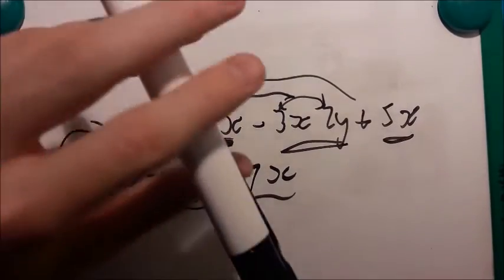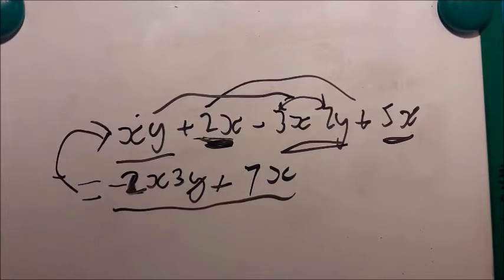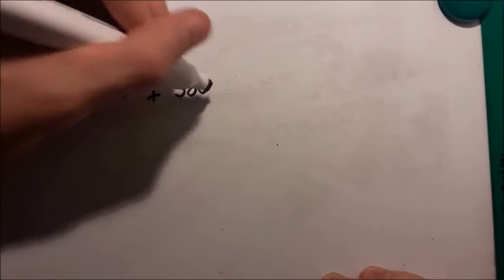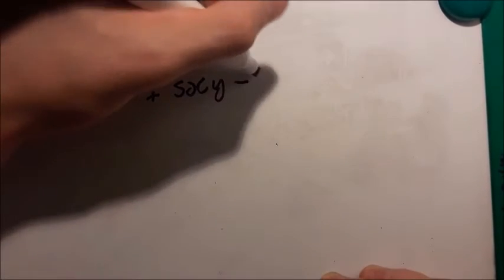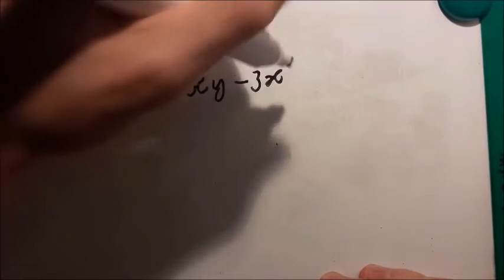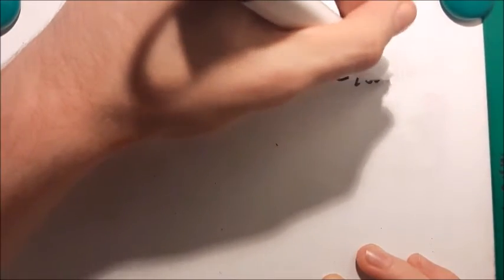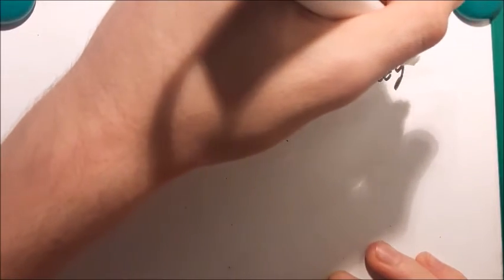Okay, so now we're going to go into our next example, which is going to be a very long example. So we have x squared plus 5xy minus 3x plus 4x squared minus 2xy, and then 2xy plus 5x.